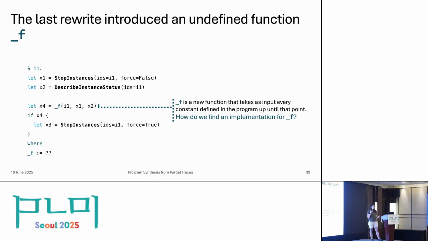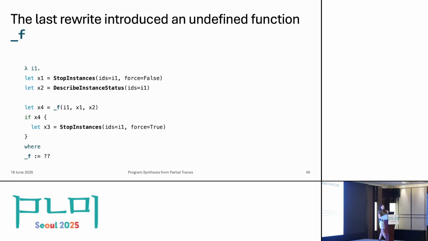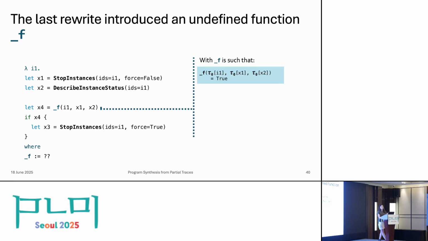So we have this function that takes as input everything defined in the program up until now, and then its output is used after its call. The main insight that allows us to find out what to do with this function is that for every trace, we have access to the value of each of the inputs of these functions, as well as the output.